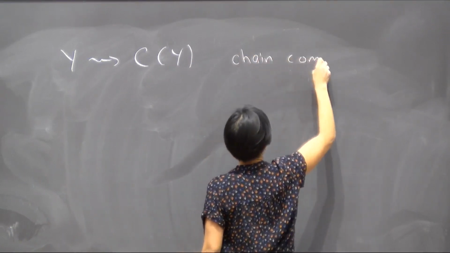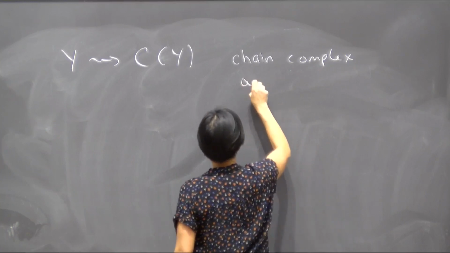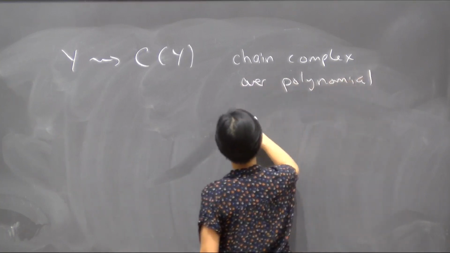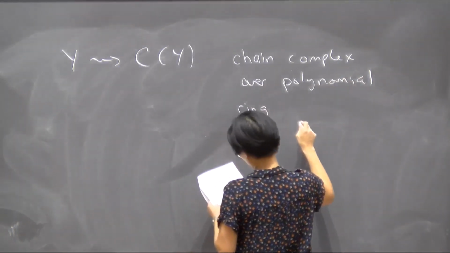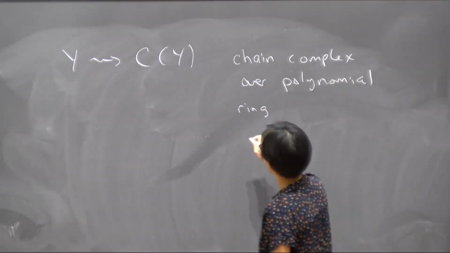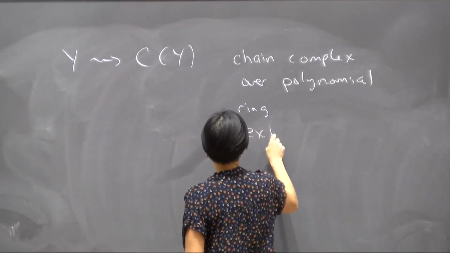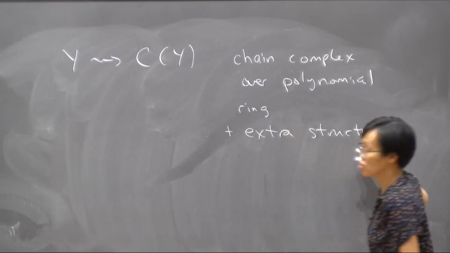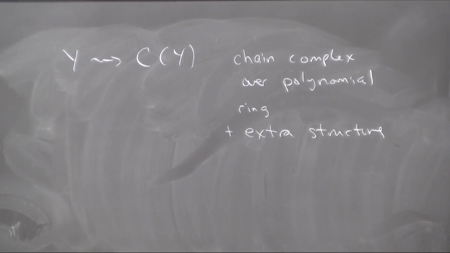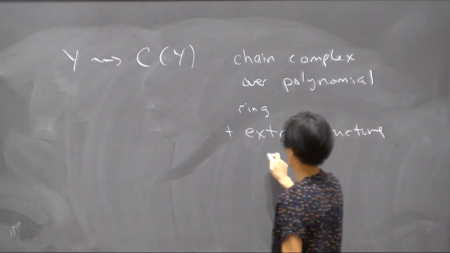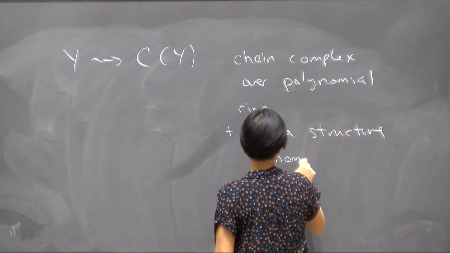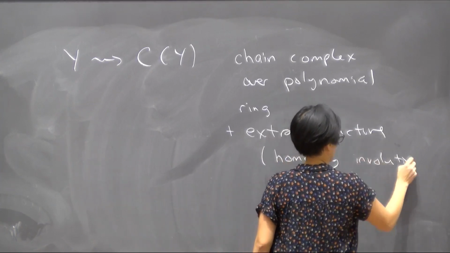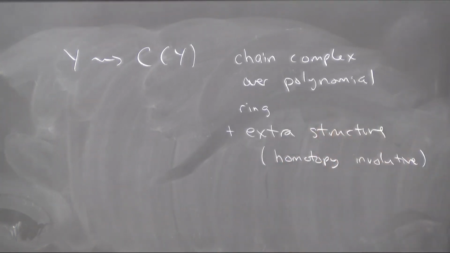This is a chain complex over a polynomial ring. And then it has some extra structure from Hendricks and Manolescu. If you're curious, this extra structure is a homotopy involution on the chain complex. It's a chain map that squares to be homotopic to the identity.